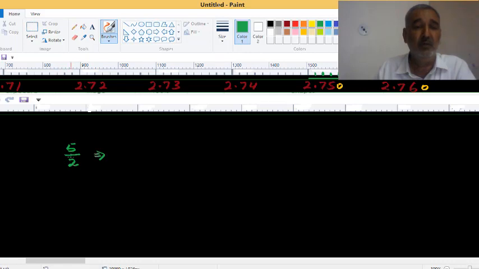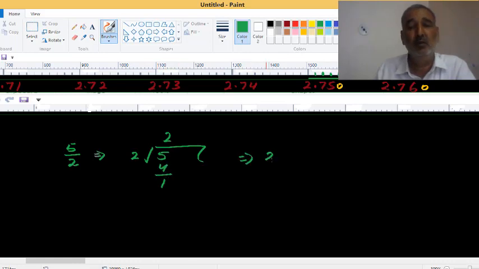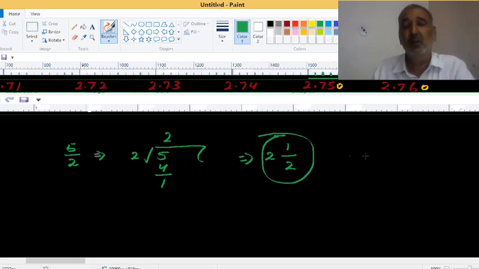How can I convert it? The same method as you have learnt earlier. 2 2s are 4 and 1. This is 2 plus 1 upon 2. So this number is greater than 2. This number 5 by 2 lies between 2 and 3. It is greater than 2 and less than 3.